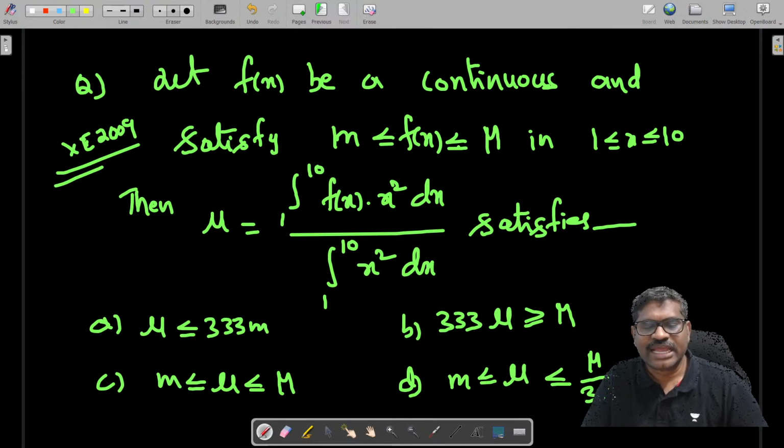Observe here, f of x is a continuous curve.